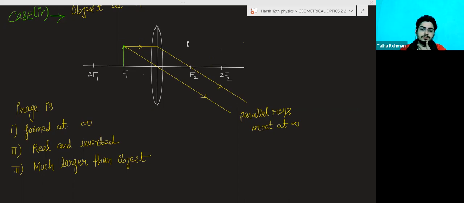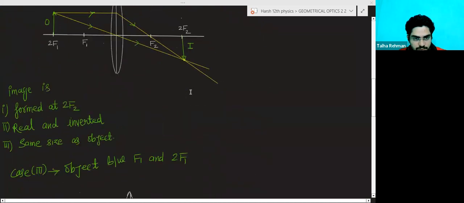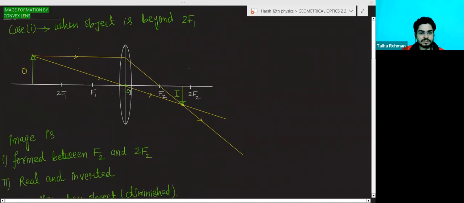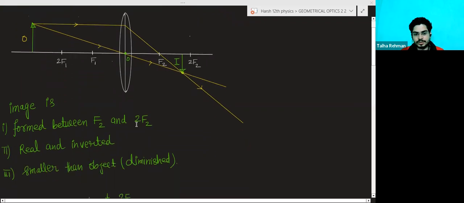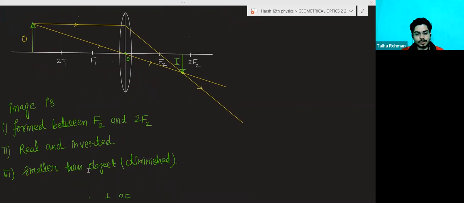Okay. So in the last class, we discussed that when the object is beyond 2F1, the image is formed between F2 and 2F2, and the image is real and inverted, smaller than the object.